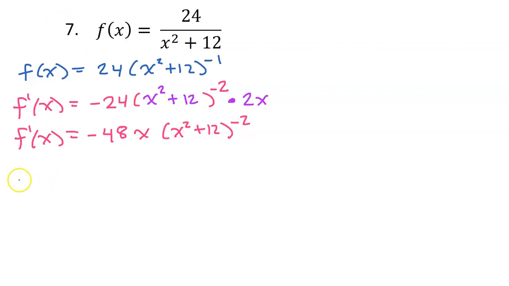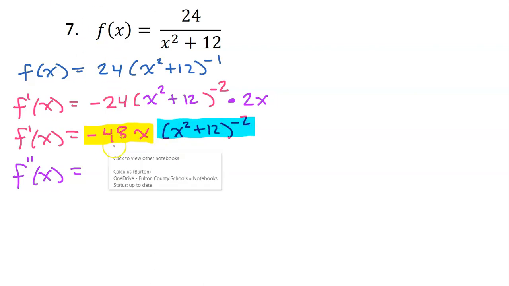Now we can go ahead and find the second derivative in a similar way, except we will need the product rule as well as the chain rule this time, because we have this function times this function. So the product rule.